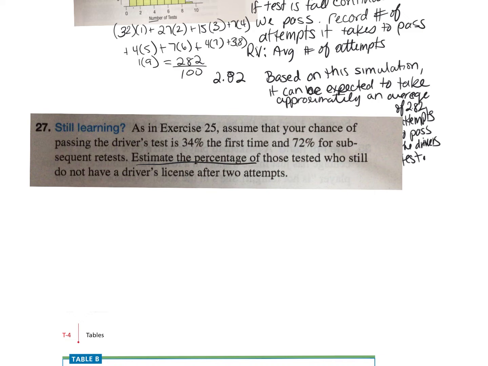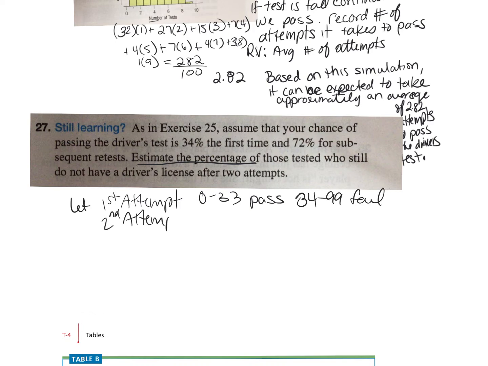Okay, so we're going to add up all the no's. So we're still going to let first attempt 0 to 33 be pass, 34 to 99 be a fail, second attempt 0 to 71 pass, 72 to 99 fail. And so we're going to use a random digit table, 2 digits at a time.